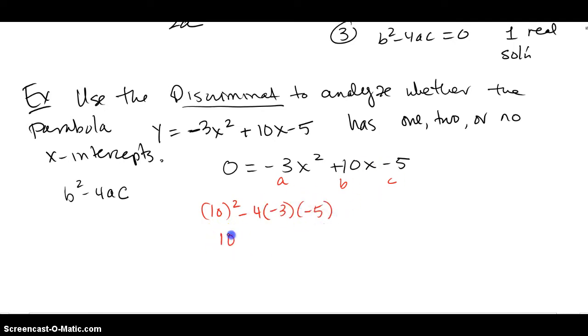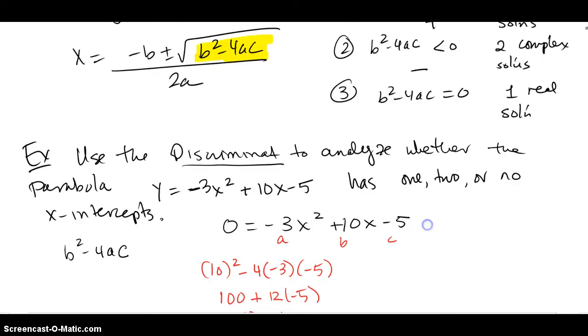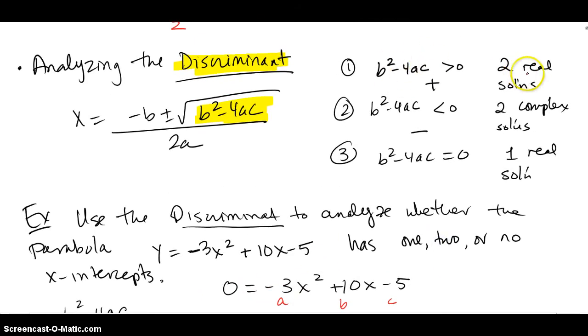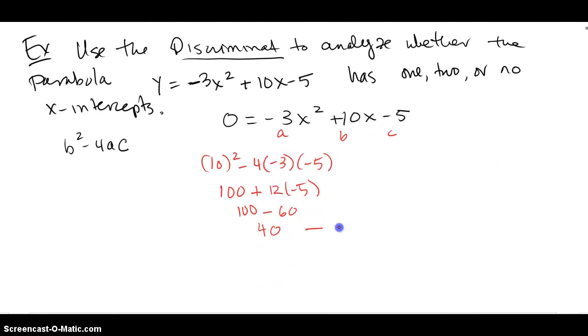Let's see what that gives me. 100, that's going to give me a positive 12 times a negative 5. So 100 minus 60, which gives me 40, and as long as that's a positive number, I'm going to have two real solutions, so I'm going to have two x-intercepts for this parabola.